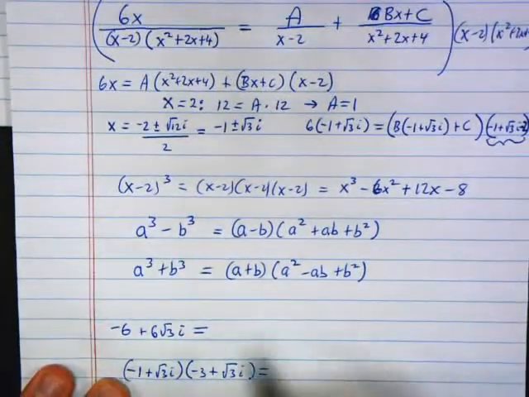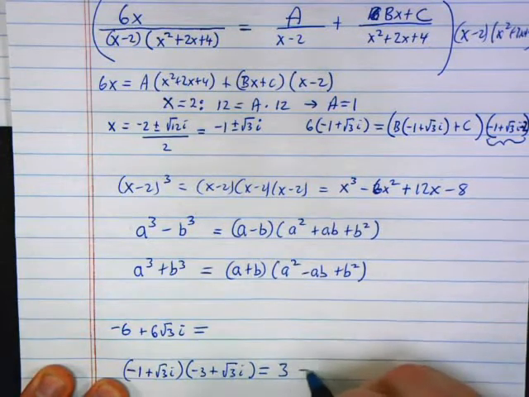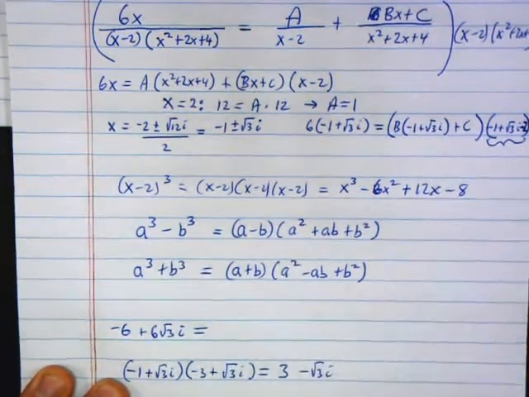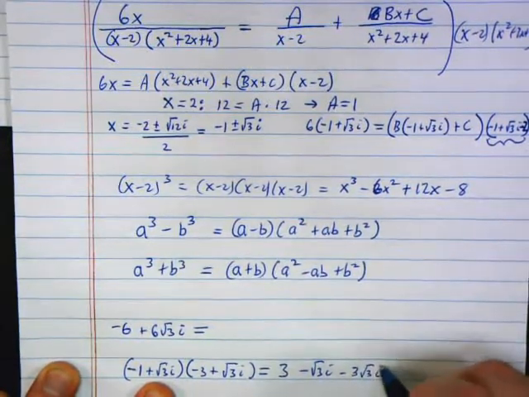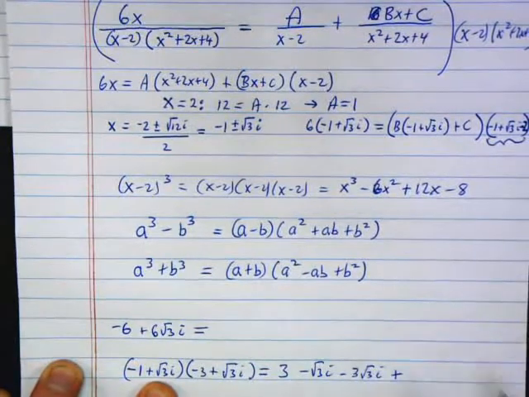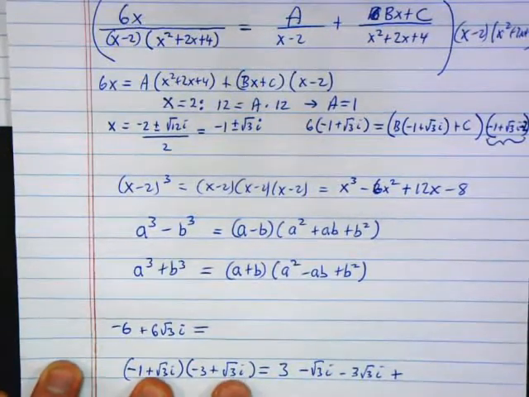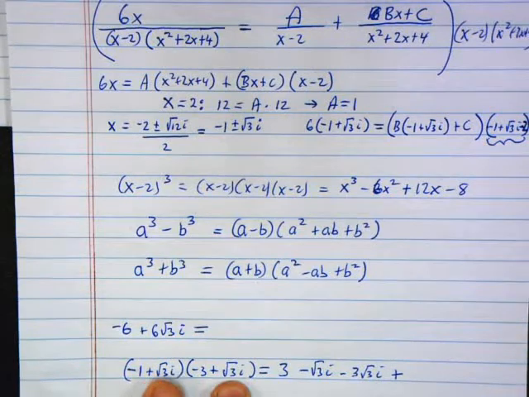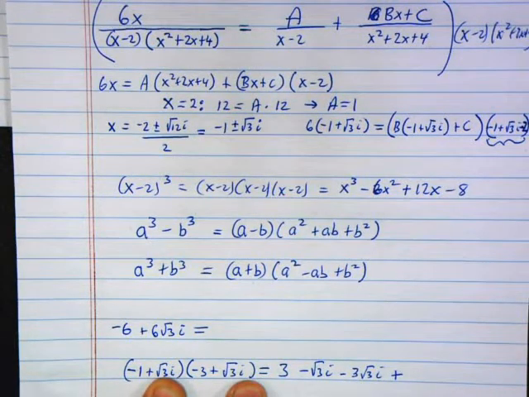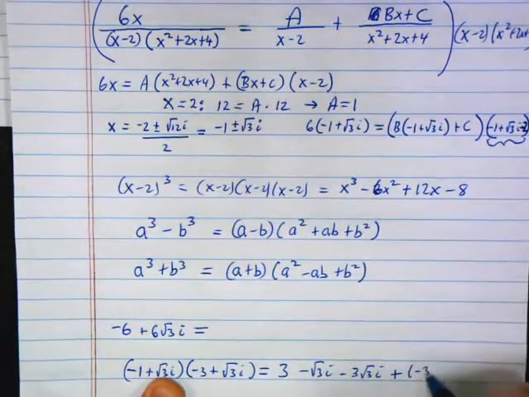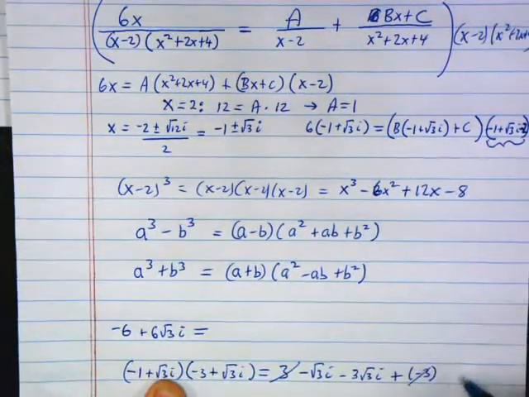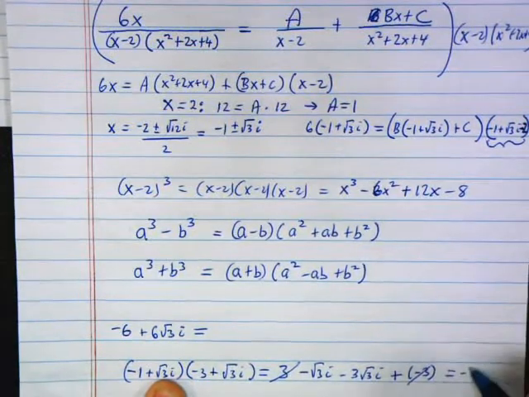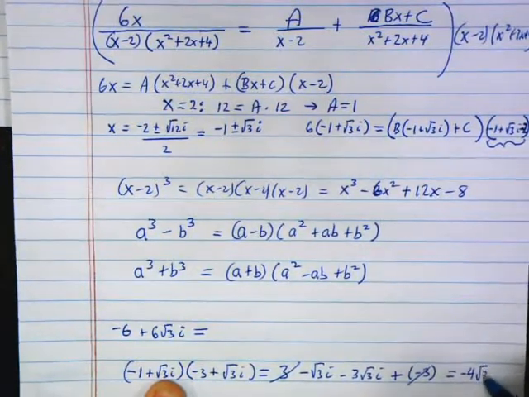And I multiply, that's 3 minus square root of 3i minus 3 square root of 3i plus square root of 3 times square root of 3 is 3, then i times i is i squared, which is negative 1, so this is going to be a negative 3, isn't it? Hey, that turned out pretty good. That's negative 4 square root of 3i.